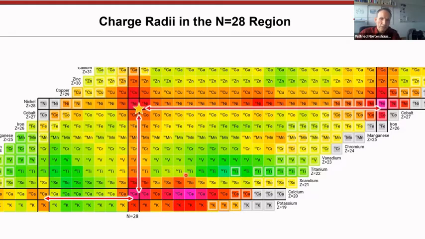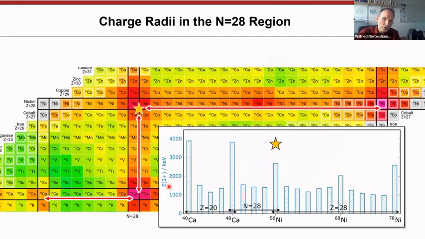Here it's easily reachable, but there's still quite a difference between the two shell closures, which can be seen if you look at the energy of the first excited 2-plus state. If you go along the calcium chain, you clearly have high energies for calcium 40 and calcium 48. Then you go up along the isotones, and again for 48 and 56 nickel you have relatively high values.